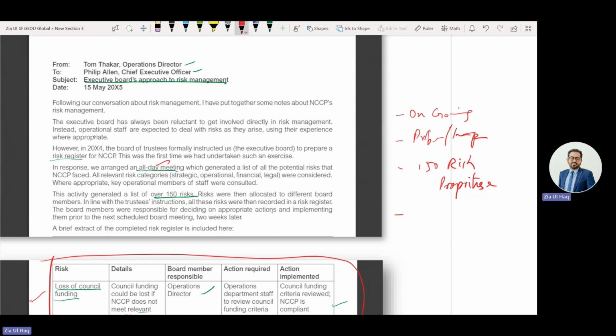Instead of directly managing risk, operational staff are expected to deal with the risk as it arises. The executive board has always been reluctant to get directly involved in risk management, meaning no concern from the board of directors, no active involvement of the board of directors. If the board of directors are not actually involved and not focusing on the importance of risk management themselves, nobody else will focus on it.